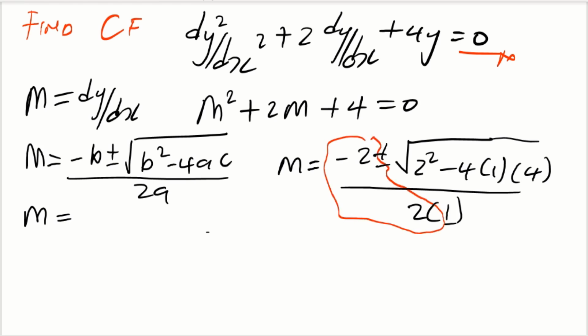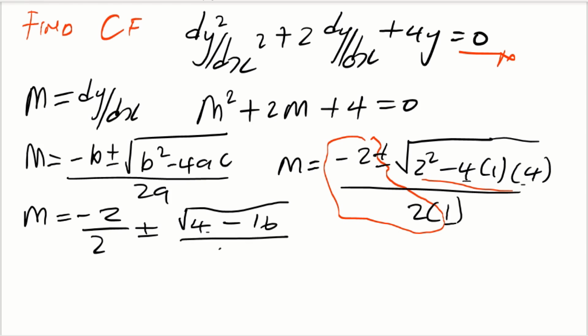So basically I'm going to say minus 2 over 2 plus or minus, I'm going to split the sign, and then when I add these values I'm going to get a negative square root. When you square 2 you get a 4, minus 4 multiplied by 4, which is 16, all divided by 2.